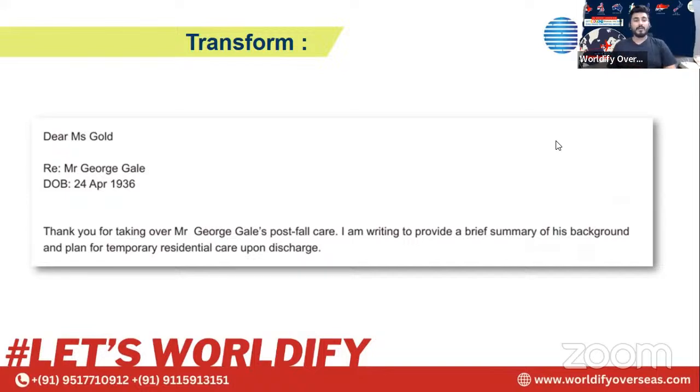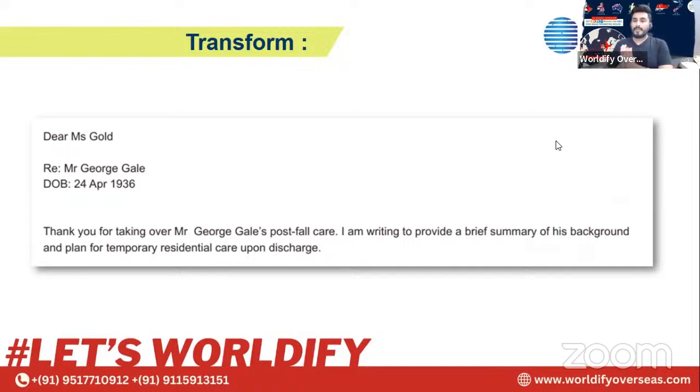You can write anything: upon discharge, temporary care, aftercare, ongoing care upon the discharge of the patient. So that's the purpose. It's very short, but very clear, and it really talks about what the letter will be about. Now, if you read this purpose, you know there are two things: summary of background and plan. These are the two main parts of the letter which you have to extend throughout the letter.